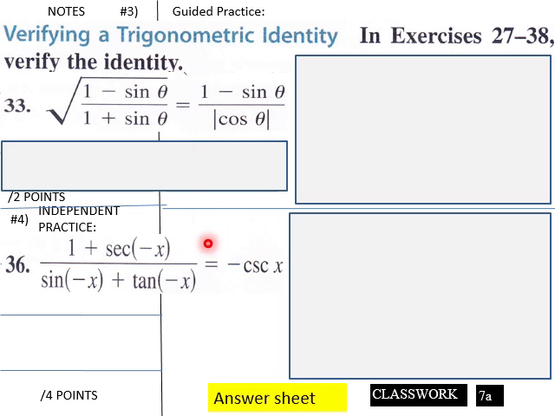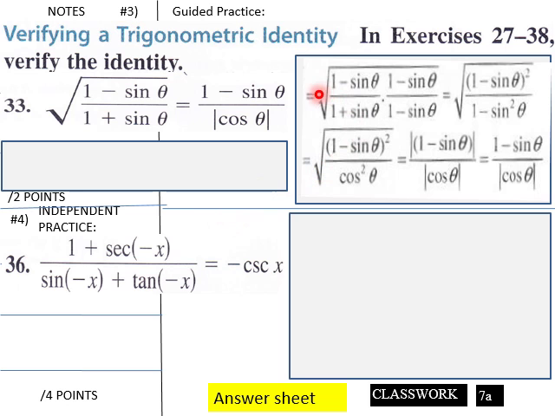So for this one, we need to rationalize the denominator. To do that, we're going to use a multiplier of 1 minus sine theta over 1 minus sine theta for this side over here.